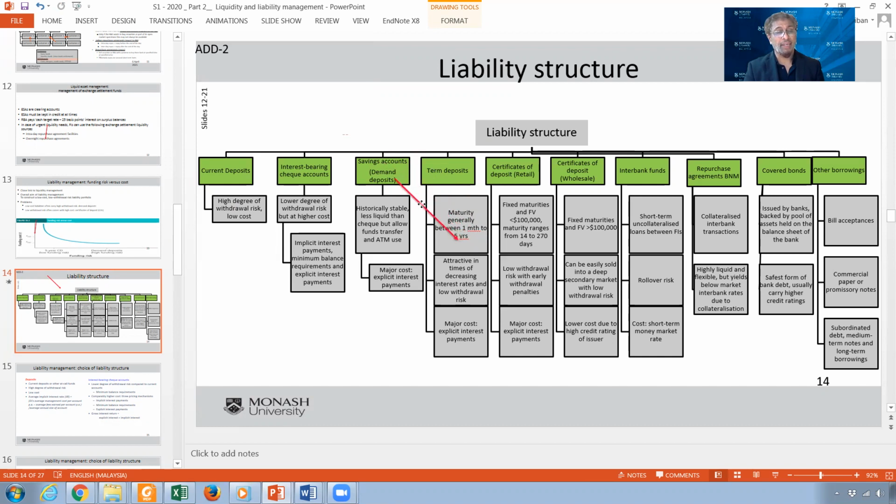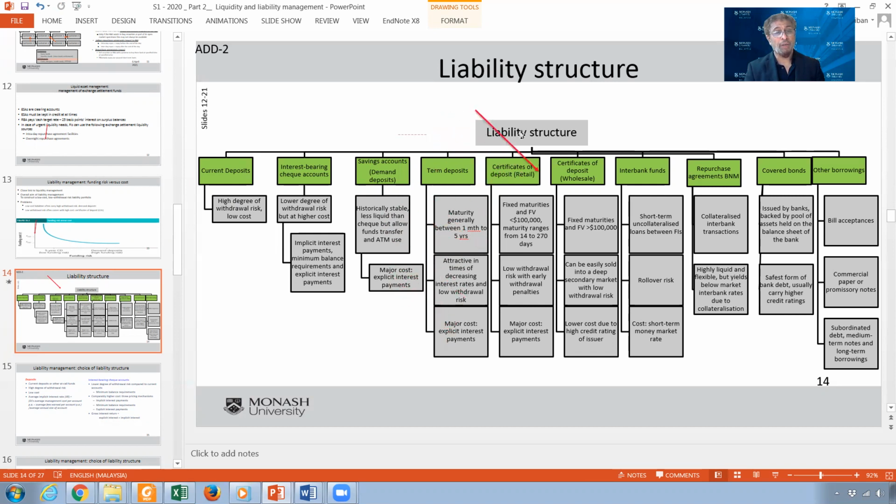As we know, we have 90 days, 180 days, 270 days, I think 1 year, 2 years, and 5 years. They are attractive in times of decreasing interest rates because they give you fixed interest rates. And the major cost is the interest you pay for them.